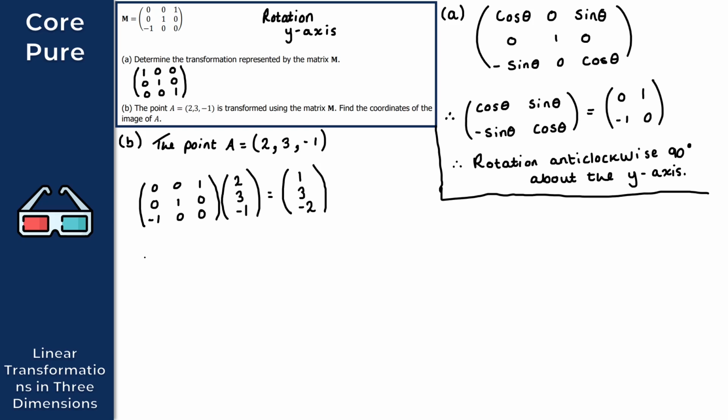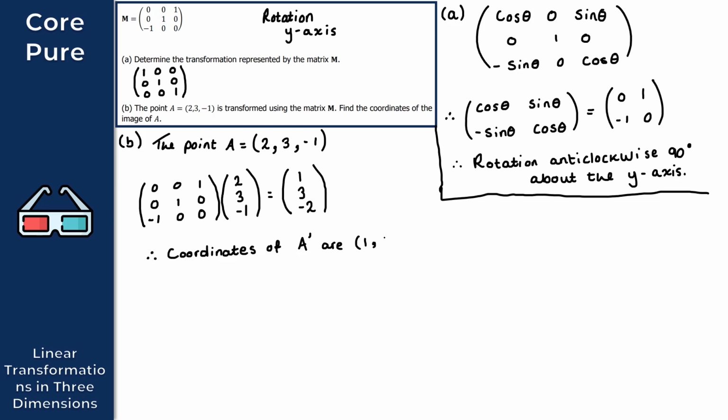So in that case then, the coordinates of A prime, and just in case you've not seen this notation before, A prime just means the image of A, the coordinates of A prime are given as 1, 3, and minus 2 here, so nice and straightforward.